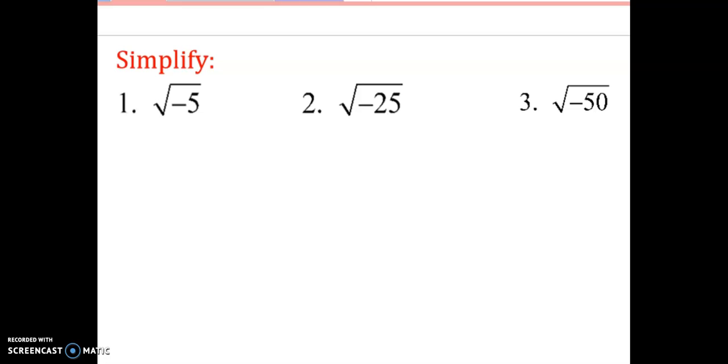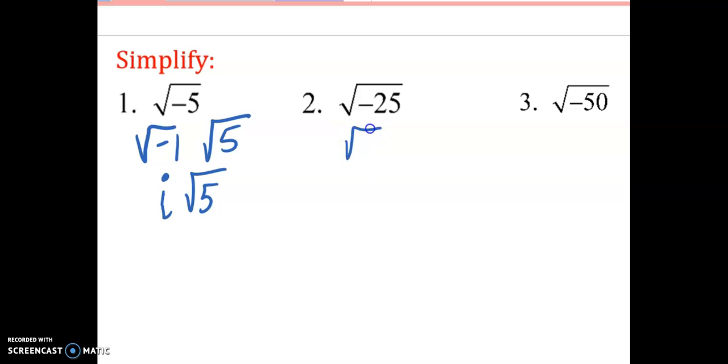What I can do is, by definition, take out a -1 and then the square root of 5. When I take out the -1, that is the definition of i. So my answer here is just i square root of 5. So it's an imaginary answer giving me the square root of 5.